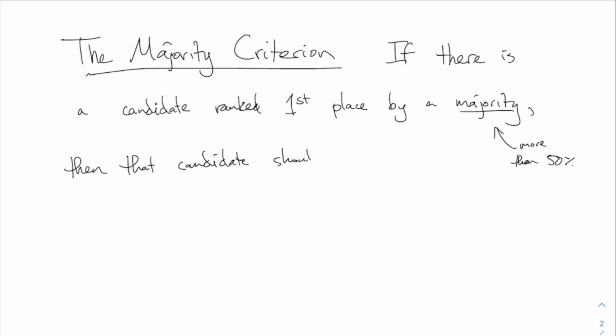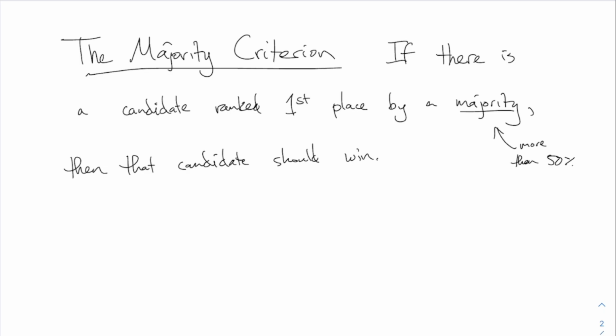All right, I hope that everybody agrees this is how democracy is supposed to work, where if there is a candidate who is ranked first place by a majority of the voters, then that person should end up being the winner of the election, all right? But we can think about our four different systems, the plurality, the ranked choice, the Condorcet, and the Borda.